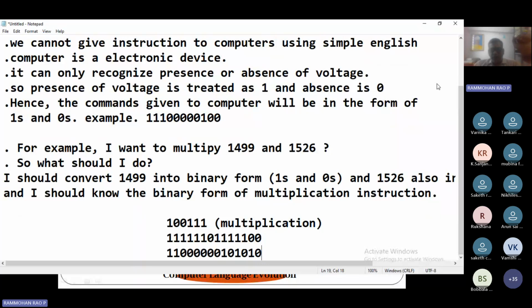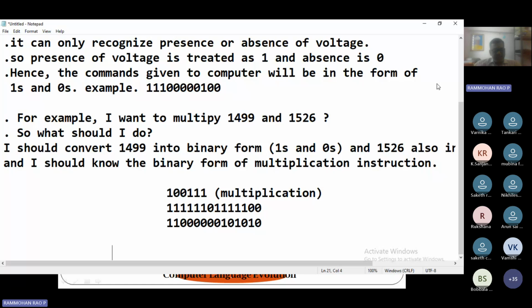Now, is it difficult or is it easy for me to give commands to the computer using these binary codes? So the question here is, is it easy for us to give commands in binary form?